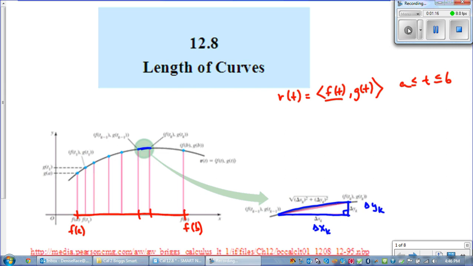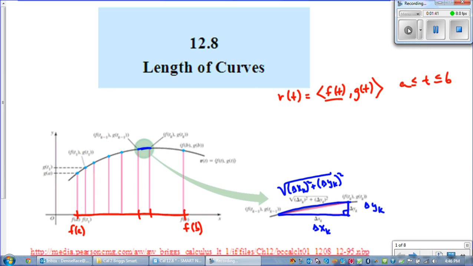The hypotenuse would be the square root of delta x sub k squared plus delta y sub k squared. So we'll use that for the length of the curve in that subinterval, sum up all of those curve lengths in each of the subintervals, and that's how we'll get the length of the curve.